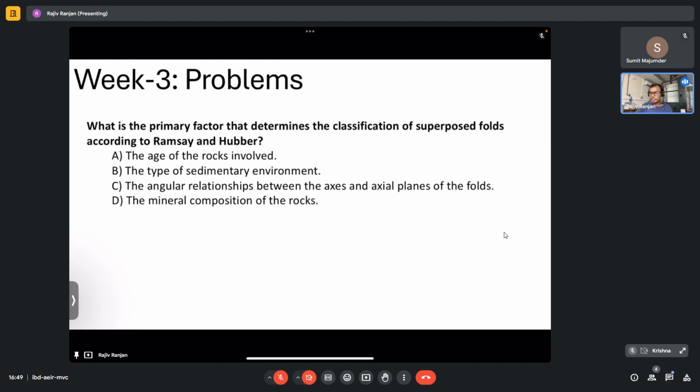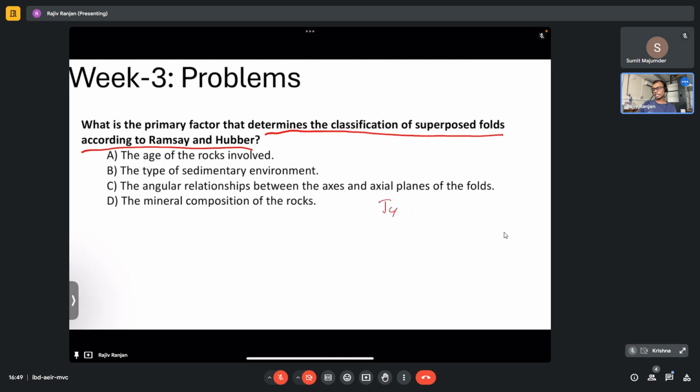What is the primary factor that determines the classification of superposed folds according to Ramsay and Hubbard? If you have watched the lectures or heard about superposed folding, we know there are four types: type 0, type 1, type 2, type 3, right?